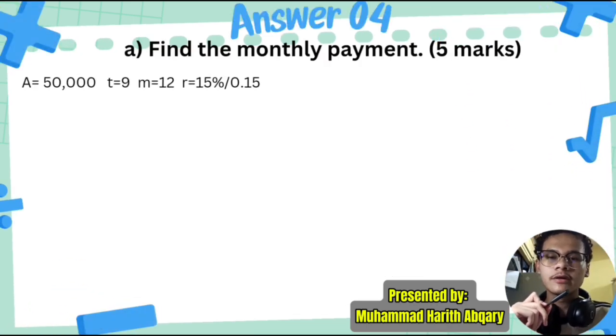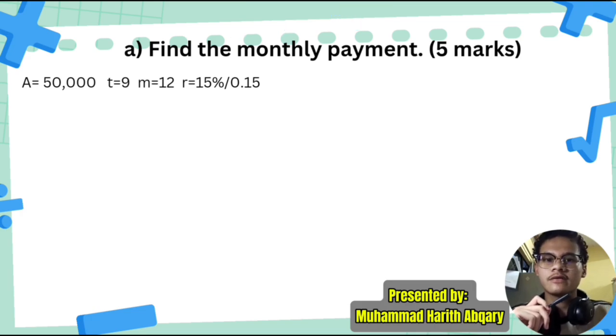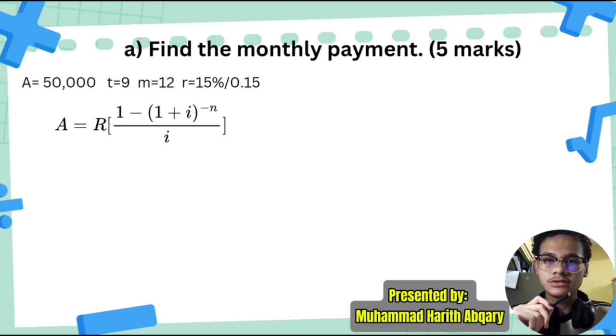To find the monthly payment, we must first find A, T, M, and R. A is 50,000, T is 9, M is 12, R is 15% or 0.15. After that, we must insert it into the formula A equals R bracket 1 minus bracket 1 plus i bracket to the power of negative n over i bracket.